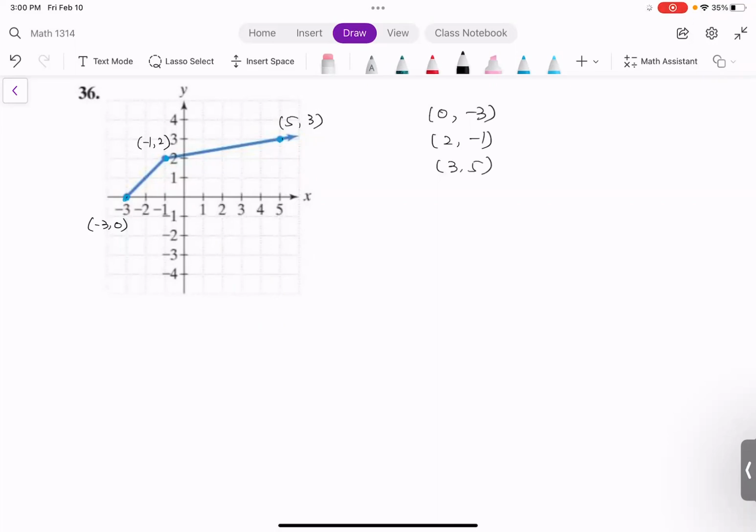Let's plot the key points. 0, -3 is here. 2, -1 here. 3, 5 here. And let's line them up.